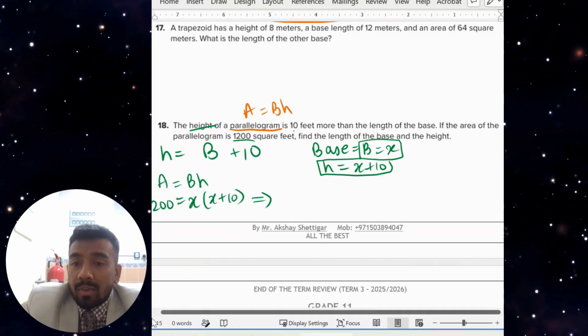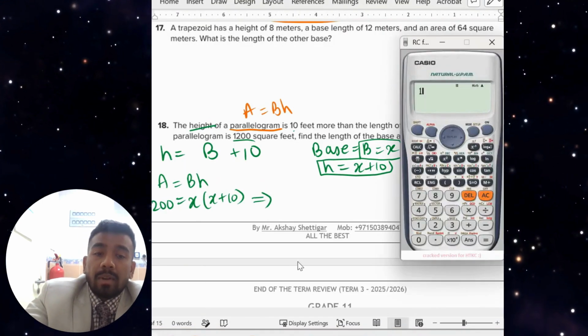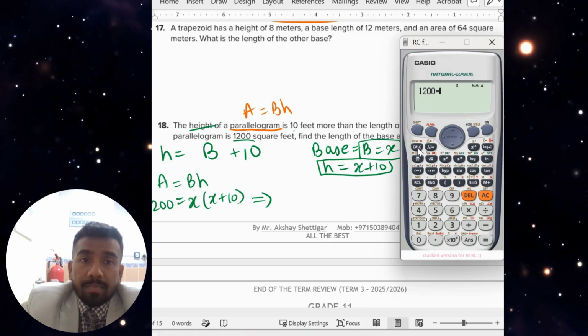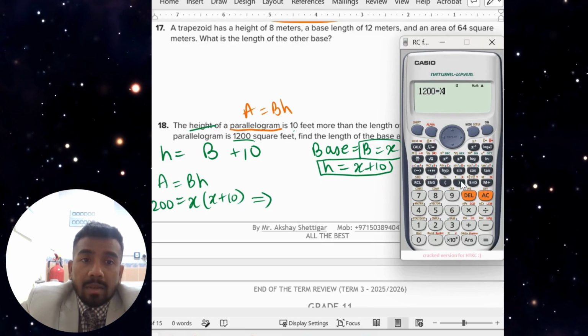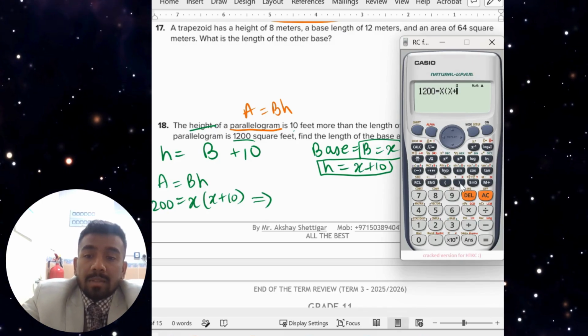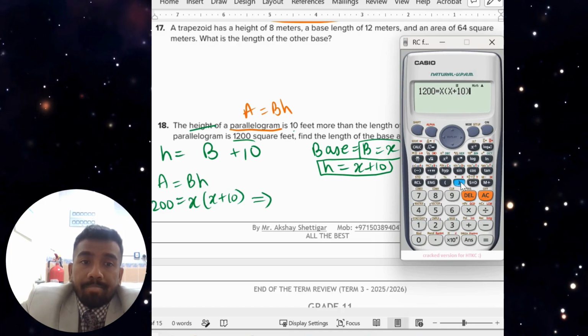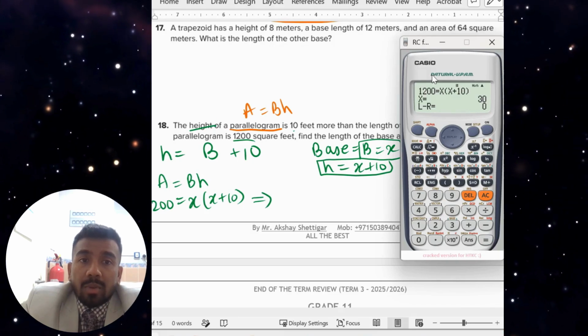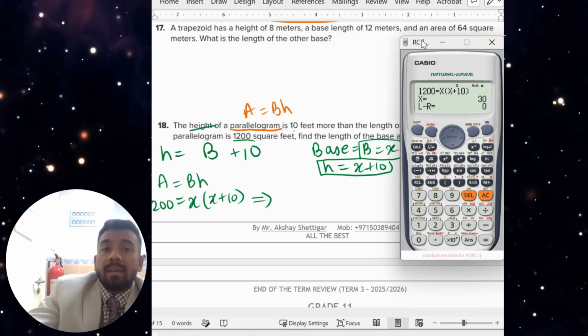Let's try. So it's 1200 equals x times the bracket x plus 10. Shift solve equals. So what's the base you get? 30.